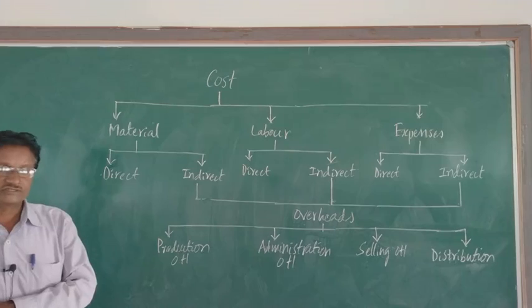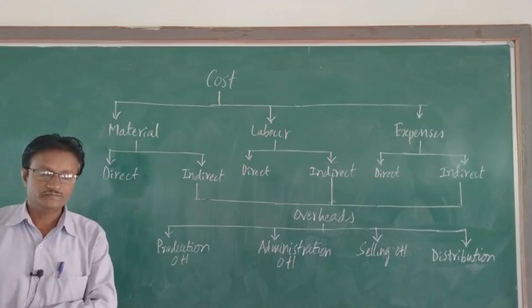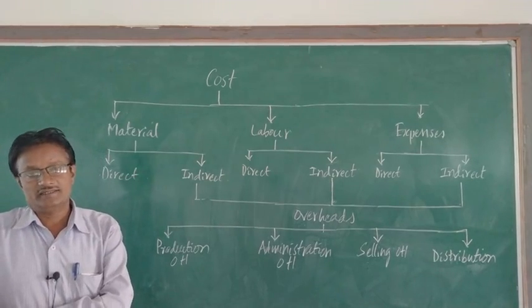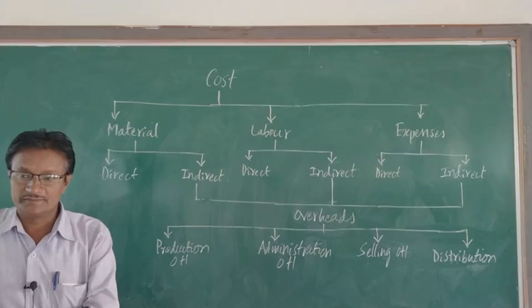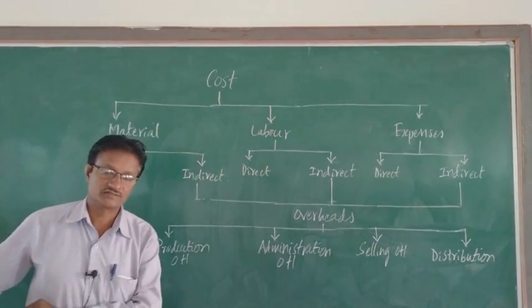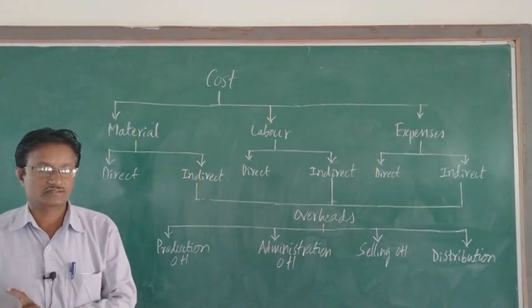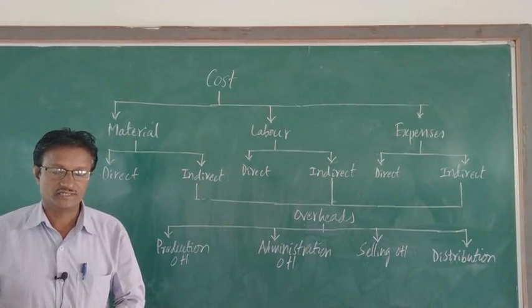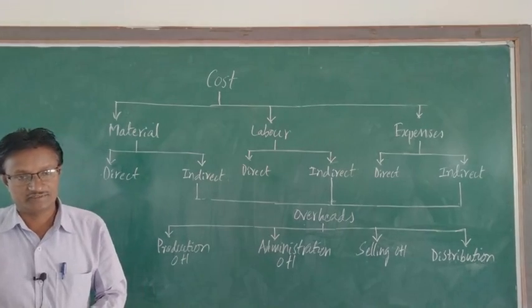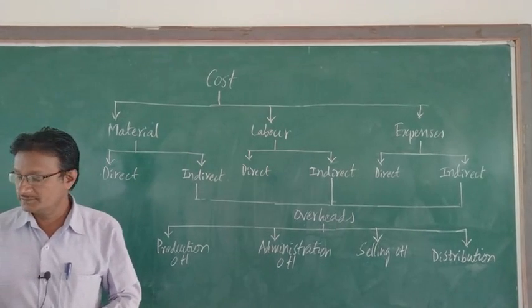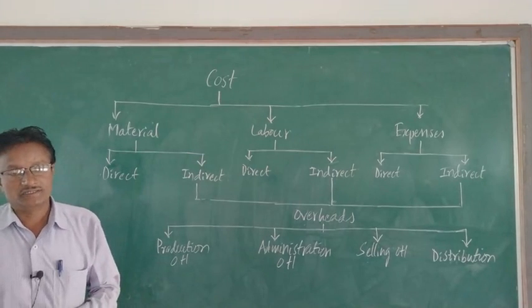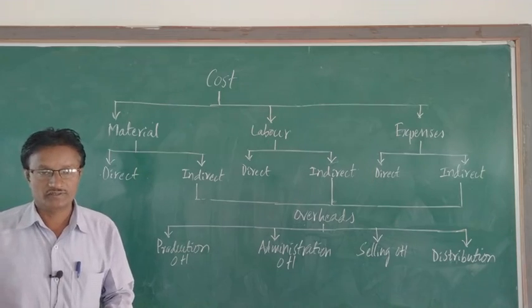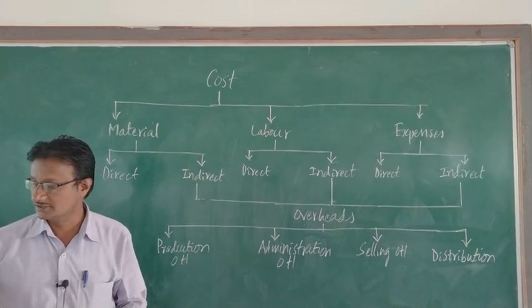The remuneration or wages paid to workers who are not directly engaged in converting raw materials into finished goods, but who assist or help in the production process, is known as indirect labor cost. For example, watchman, inspector, cleaner, peon, clerk, etc.